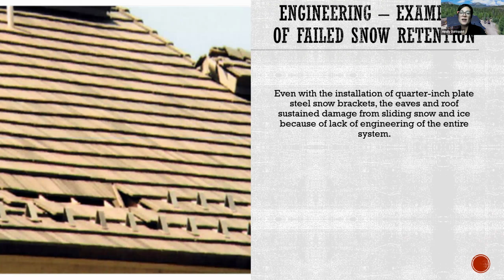And so unfortunately, the weakest link of this system was not his fasteners. His fasteners were strong enough, but his sheathing was not. So when the force of the impact of that snow came into contact with those brackets, the brackets stayed, the fasteners stayed, and the sheathing was pulled directly out from that roof surface. So this is a very, very messy situation to have to go back and clean up.